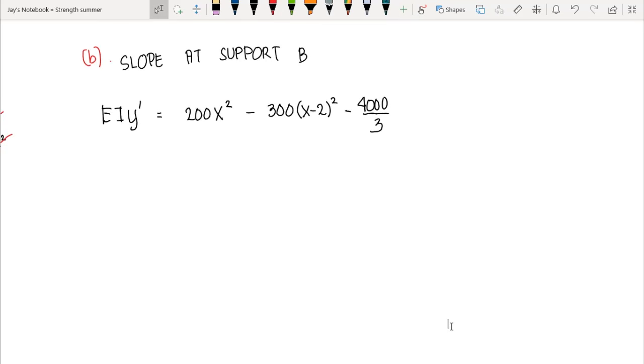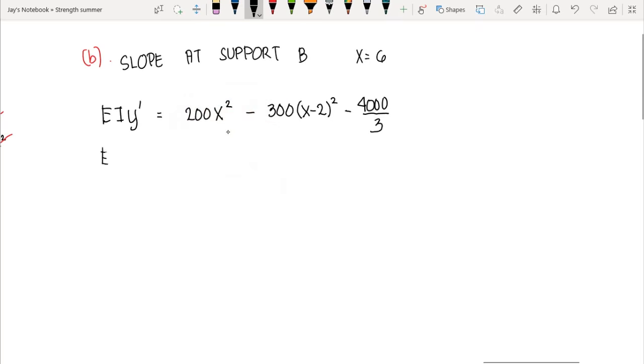And now let's compute for the slope at support B, by using the slope equation we have determined already. So we compute our y prime when our x is, at support B, equal to 6, correct? So we substitute the value of x in our equation.